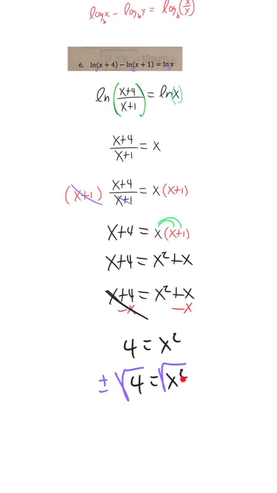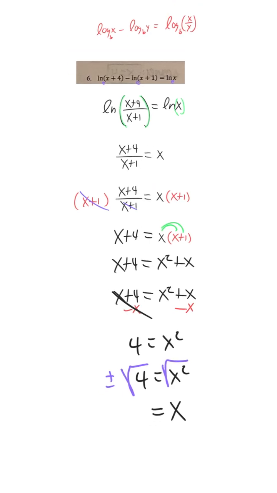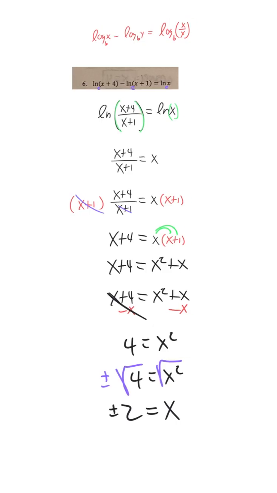So you're taking the square root of x squared, which means you have to go plus minus on the other side. And on the right side, well, that's easy. That's just x. But on the other side, it's going to be plus minus the square root of 4, which is 2. So those are your answers in that case.